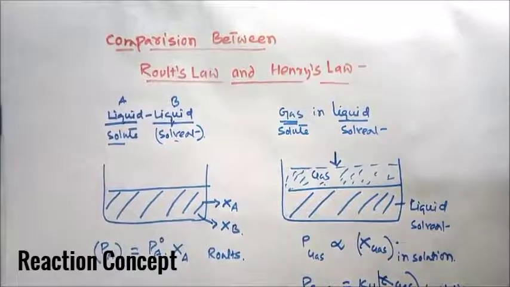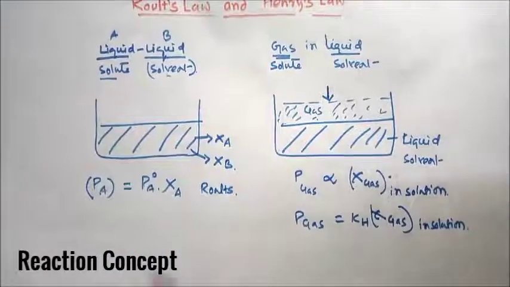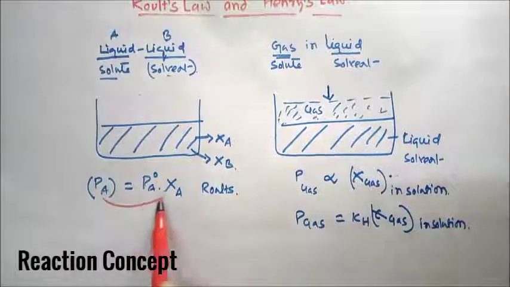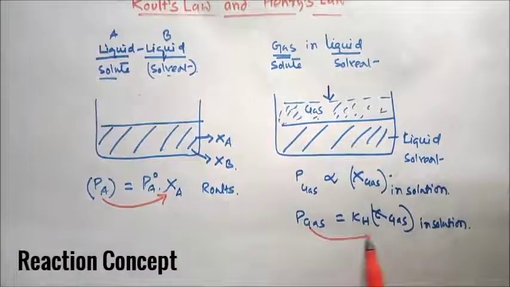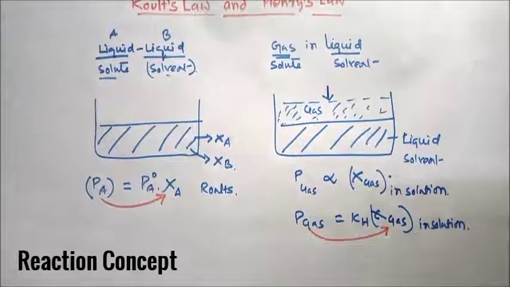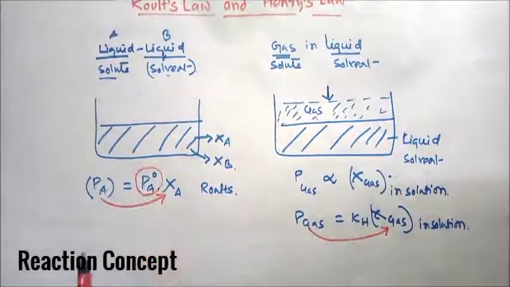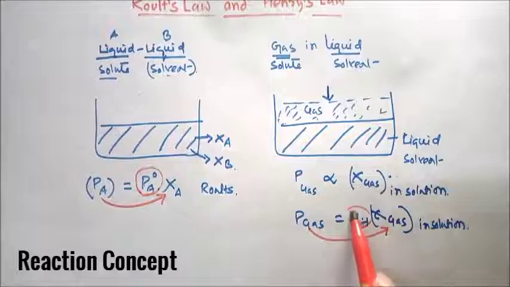In both cases you can see the similarity that the vapor pressure of a volatile component in the mixture is proportional to the mole fraction of that component in the solution. Only difference is their proportionality constant. Here it is the vapor pressure of the pure liquid and here it is the Henry's constant.